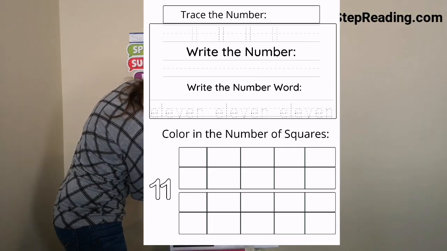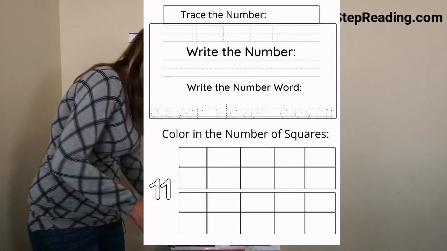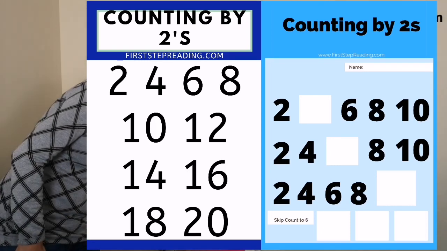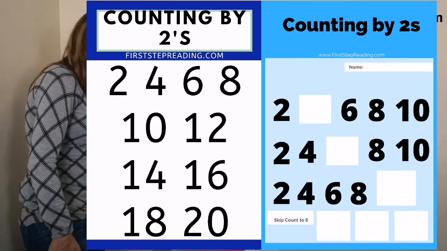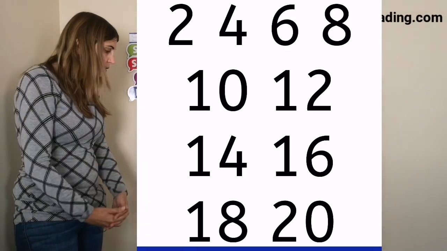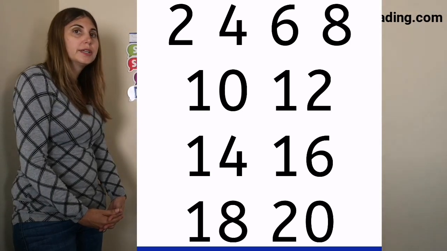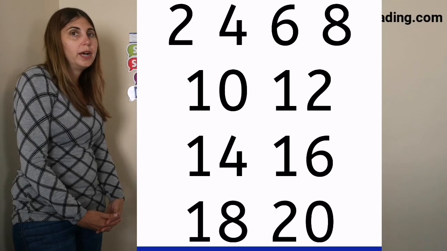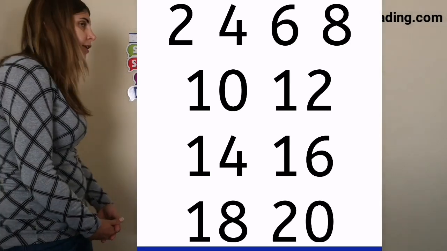Okay. Now we're going to do counting by twos. And you could do your counting by twos worksheet to practice, but let's just start counting by twos together. 2, 4, 6, 8, 10, 12, 14, 16, 18, 20.